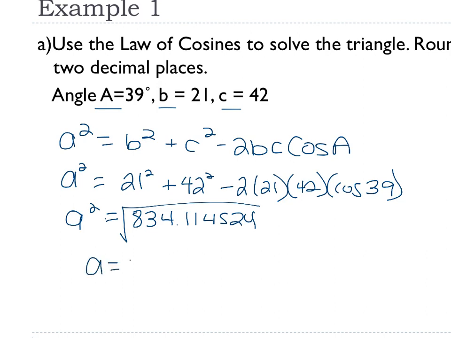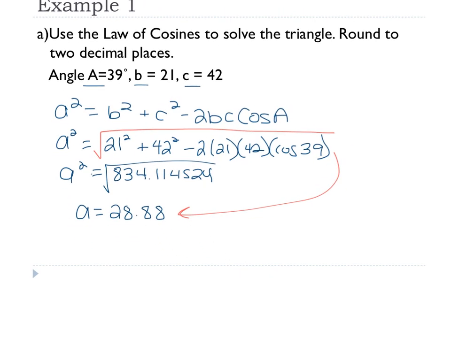And I get A equals 28.88. You could even type this whole thing in your calculator in one step and just hit enter, and it will go directly to your answer. With me so far?